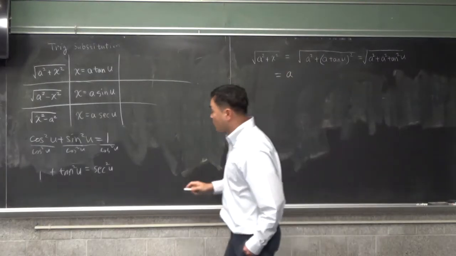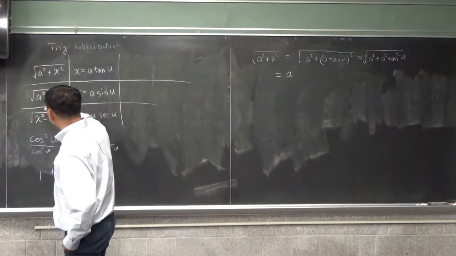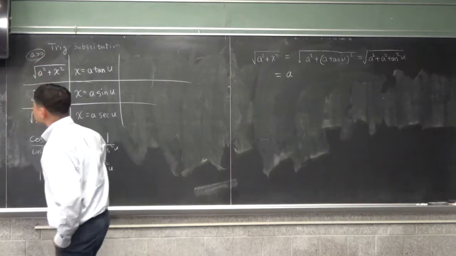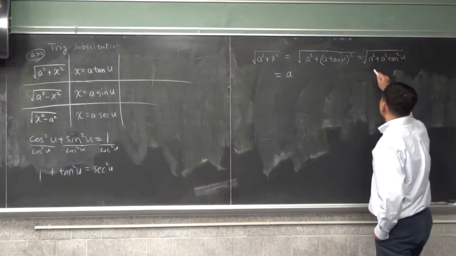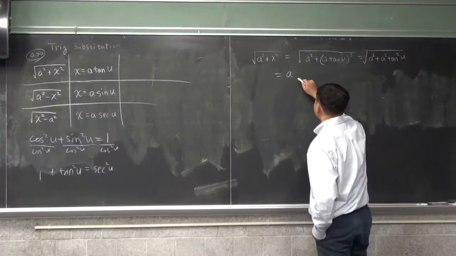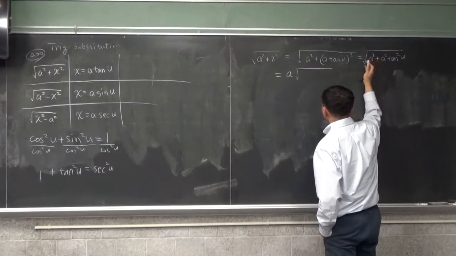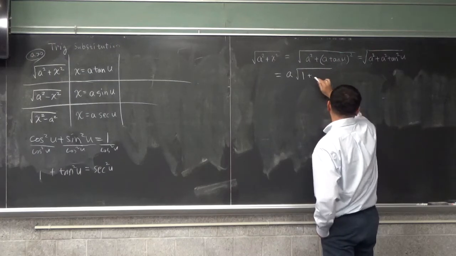And a squared can come outside the square root as a. Oh, by the way, I forgot to talk about the assumption that a has to be positive. So when a squared comes outside the square root, it will come out as a. And then a squared is a squared times 1, so moving the a squared outside, you're going to be left with 1.